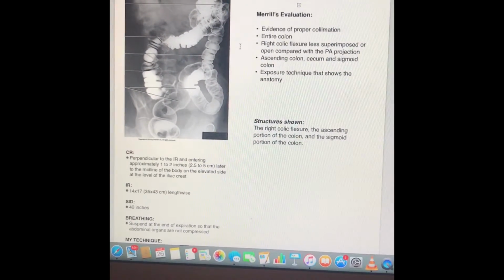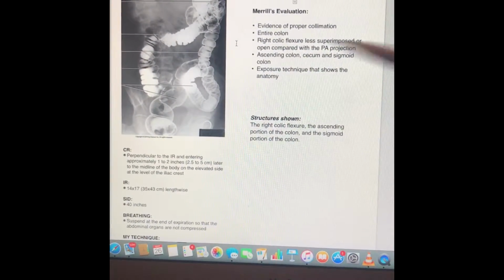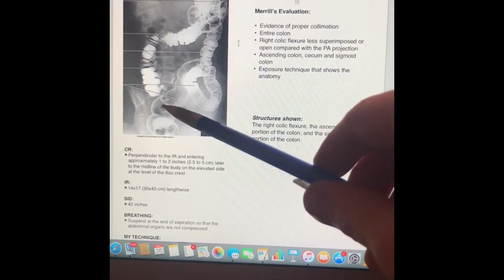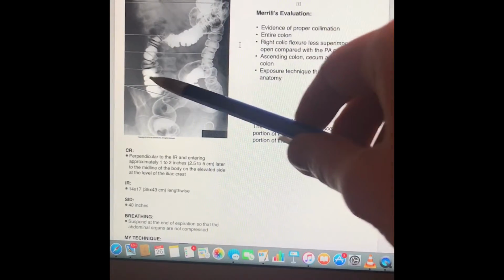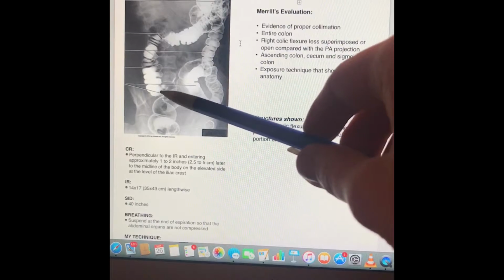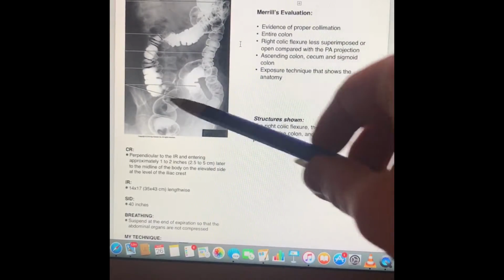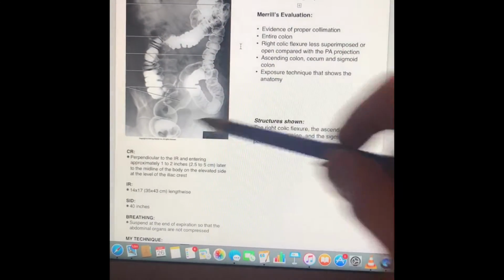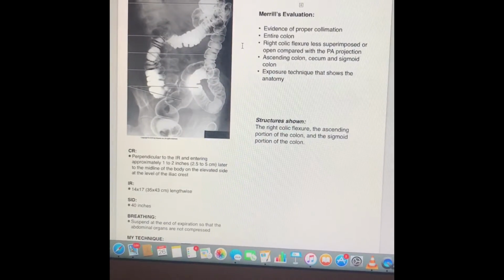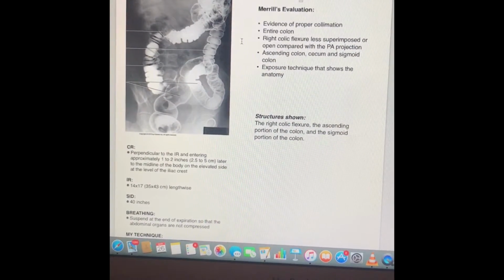Ascending colon, cecum and sigmoid colon. Exposure technique that shows the anatomy.